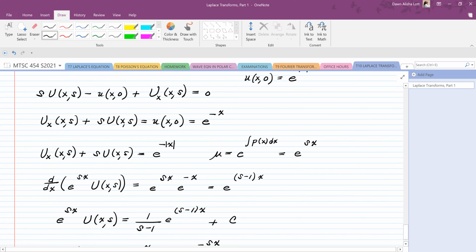You're going to have one answer for x greater than 0 and another answer for x less than 0. That's the only way to save this. There's no other way to save it.